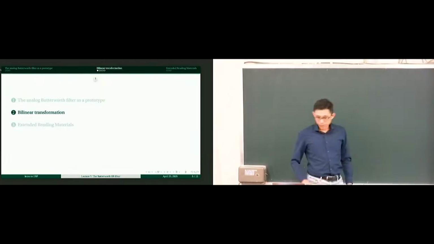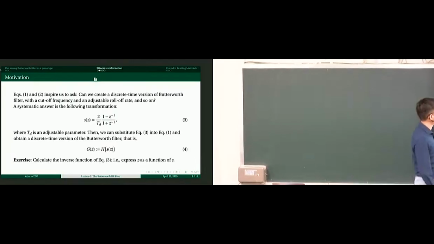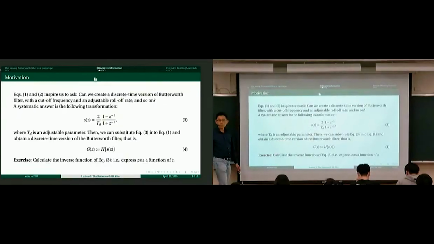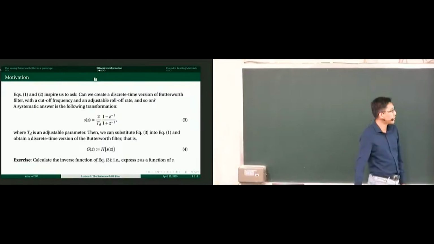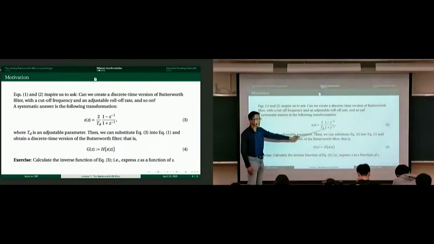So let's take a look. Bilinear transformation is a function from Z to S. We can define S as a function of Z. There will be 1 minus the inverse, 1 plus the inverse, and there's a parameter 2 divided by Td.